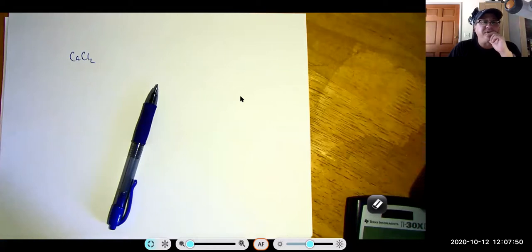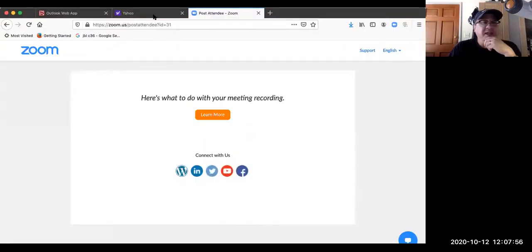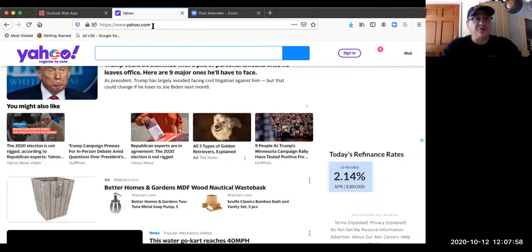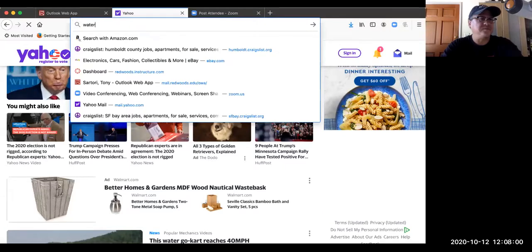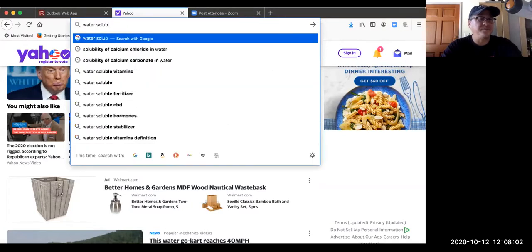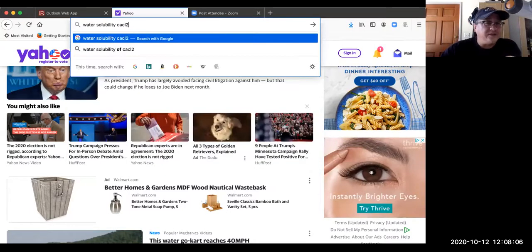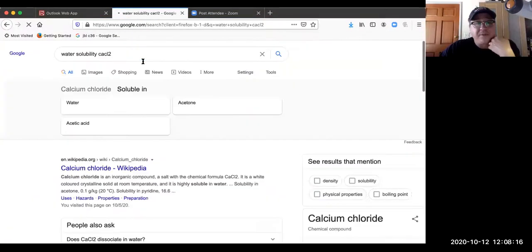how you might do this, okay? So I'm switching my share, and I'm going to go to water solubility, CaCl2. And these search engines are so forgiving that if I even type this in like that, which is not the right formula, it'll probably give me a correct place to go. So here's calcium chloride, Wikipedia.